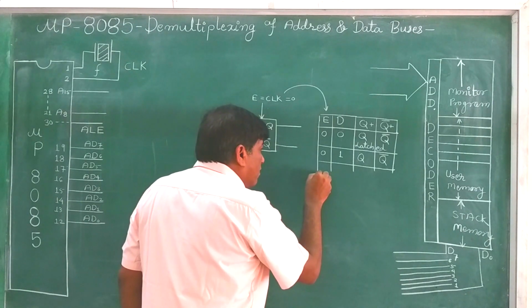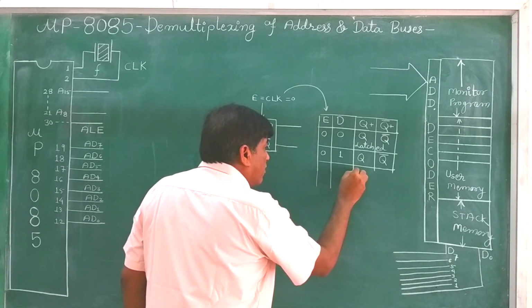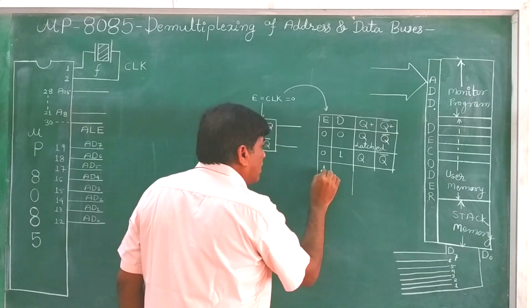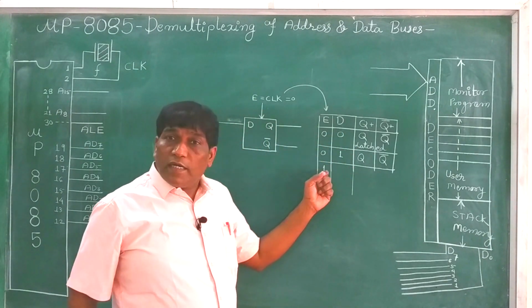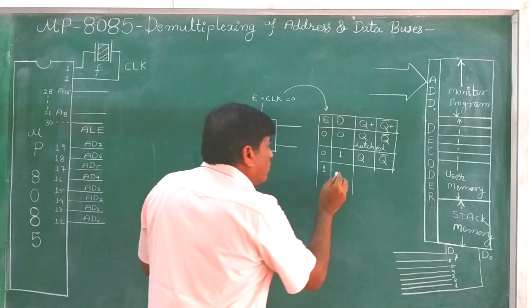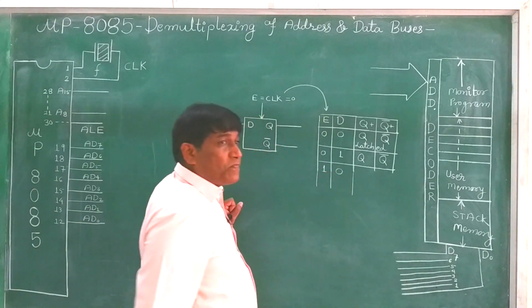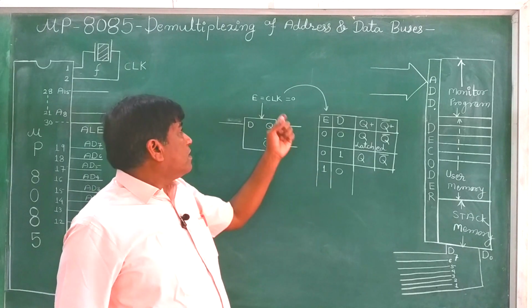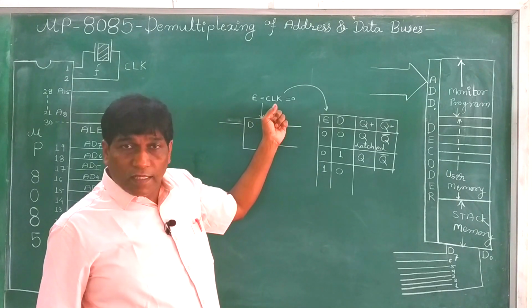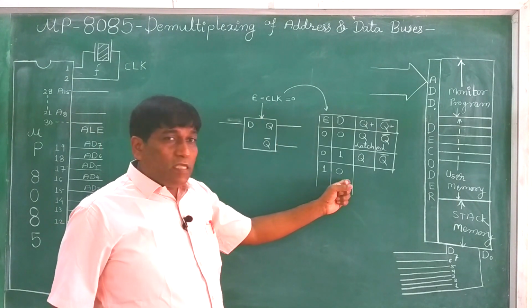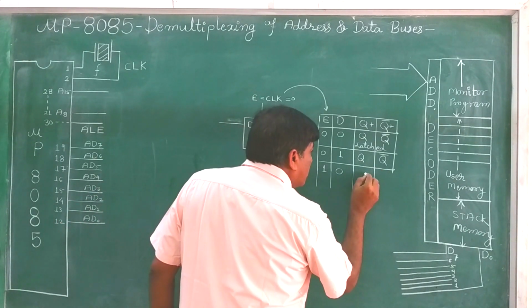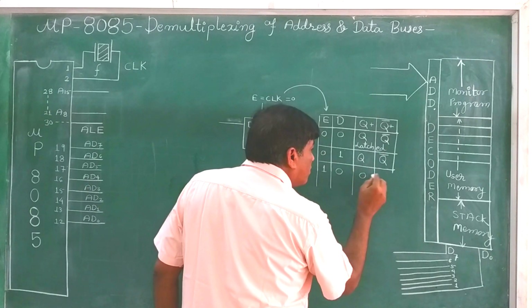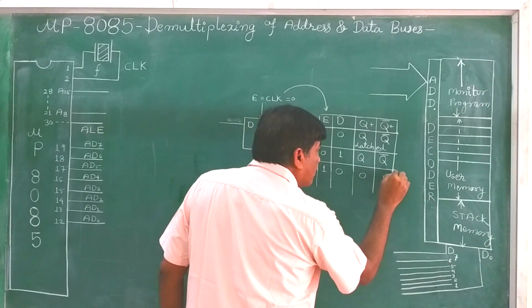Now, when the clock is applied, suppose the clock signal is 1, we have taken 0 0, 0 1, and now we are taking 1 0. If the D input is 0 and the clock is enabled, the output will now change. Q will be 0 and Q bar will be 1.